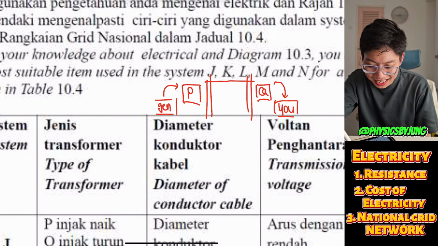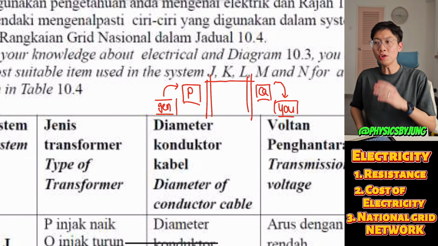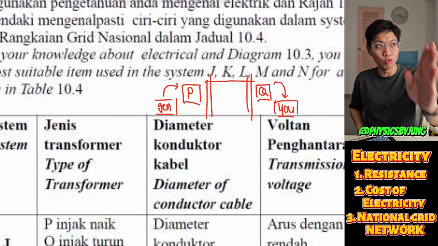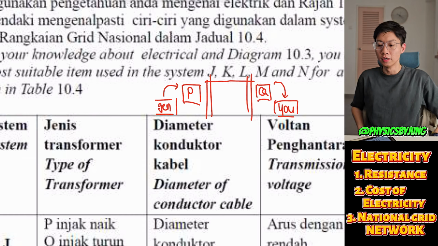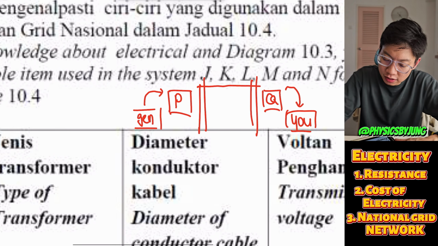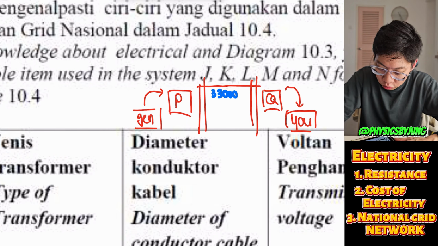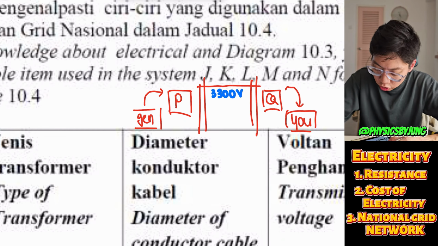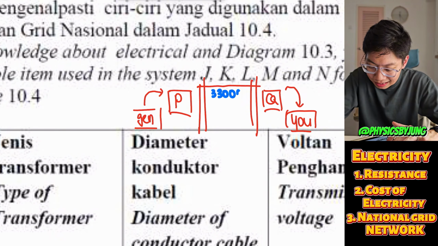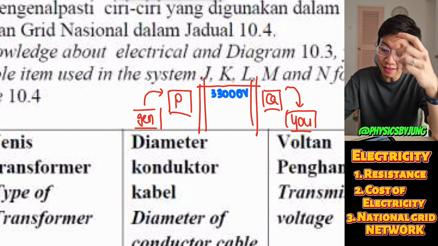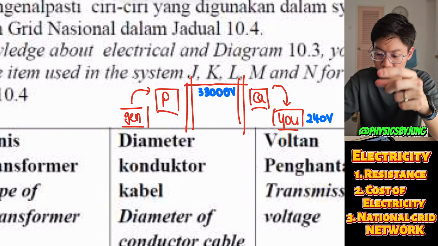Okay, when we send electricity, do we want to send at high voltage or low voltage? Fun fact, guys. In this wire, usually the voltage is about 33,000 volt, and your house only requires 240 volt.